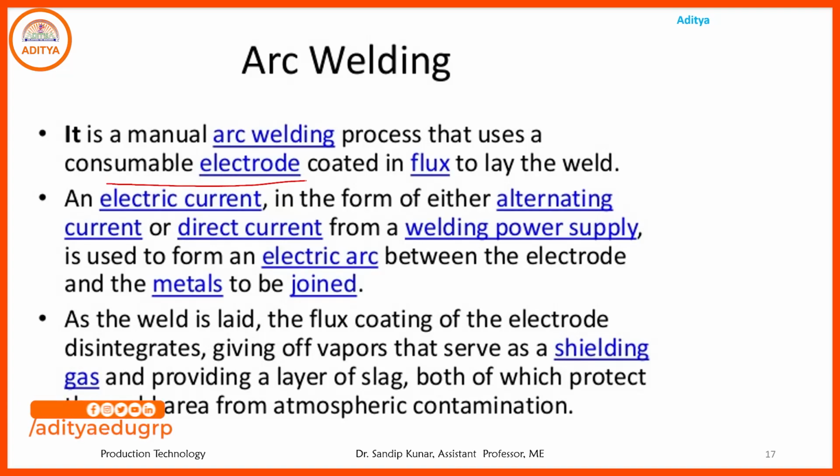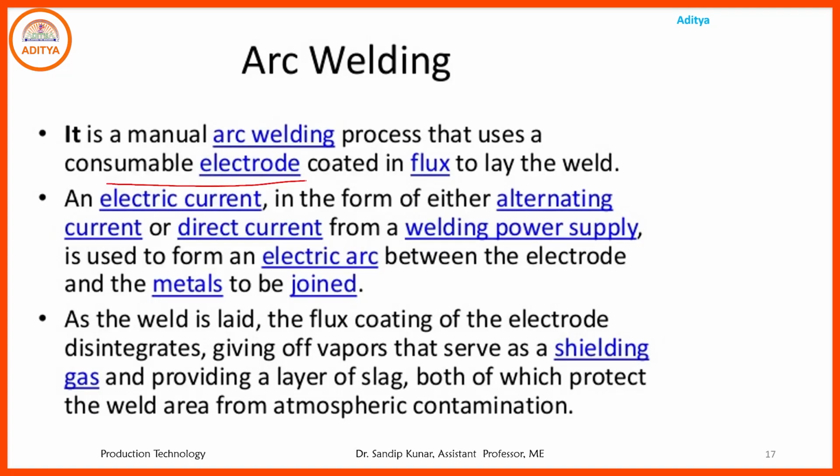The filler rod has a particular coating, which avoids oxidation. The flux also melts during welding and creates a slag layer, and that slag layer protects against the formation of oxides.